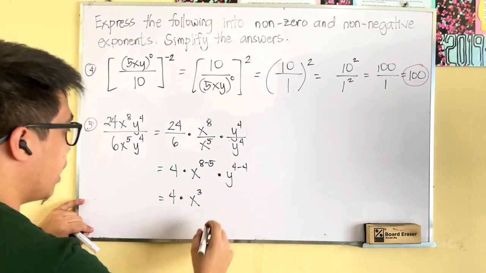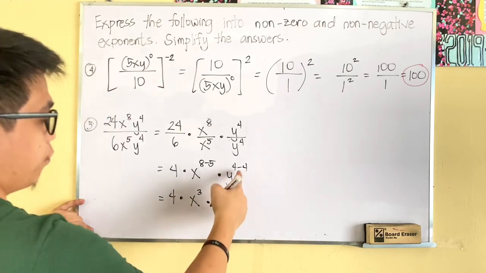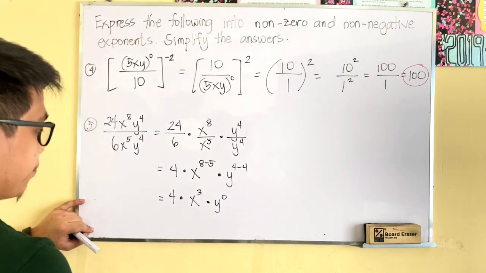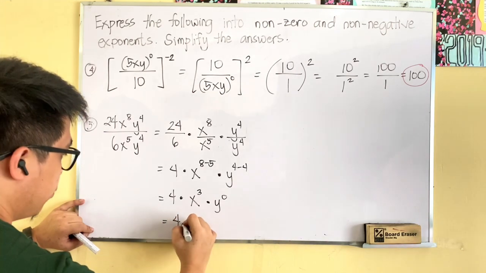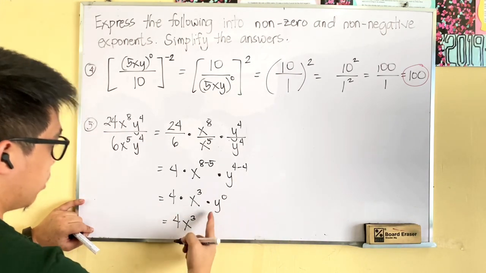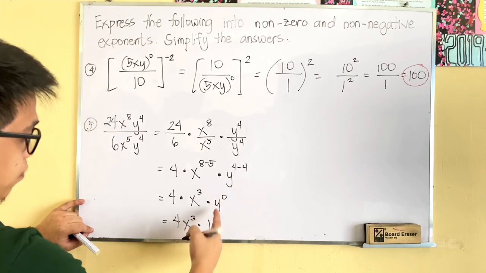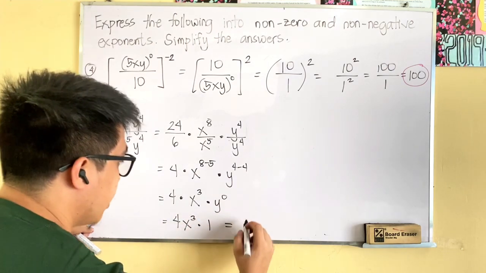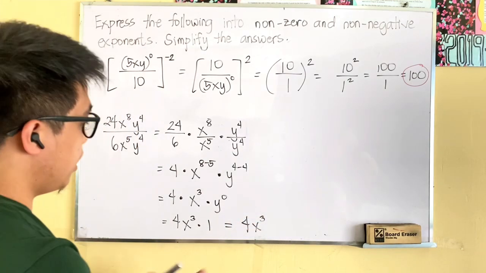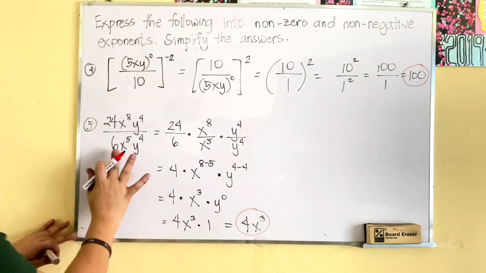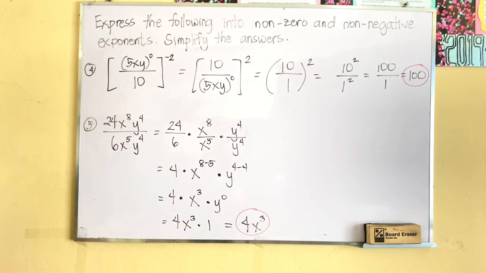So, x cubed na siya times y raised to 4 minus 4 is 0. Therefore, 4 times x cubed times y raised to 0 is 1. So, ang final answer natin is 4x cubed. So, this will be the answer for this given expression.